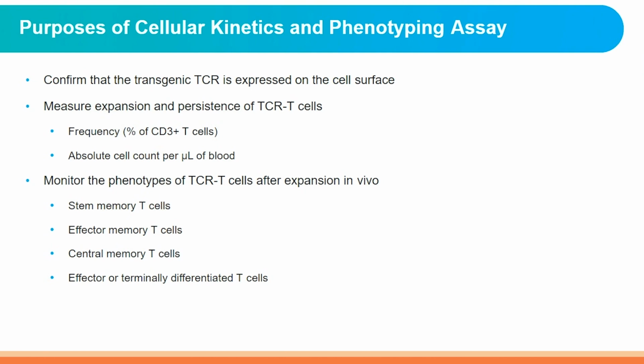The absolute cell counting is important because the frequency is a relative measurement. Sometimes frequency can be similar, but the absolute number of cells differ a lot. To monitor the phenotypes of T cells after expansion in vivo, including stem, effector, central memory T cells, and effector T cells.